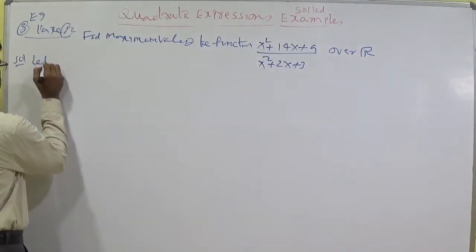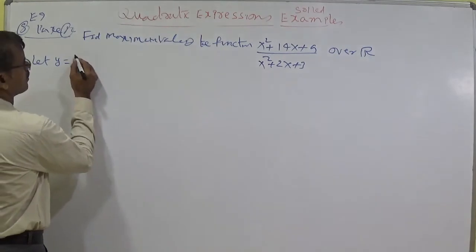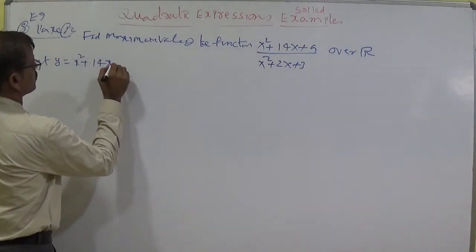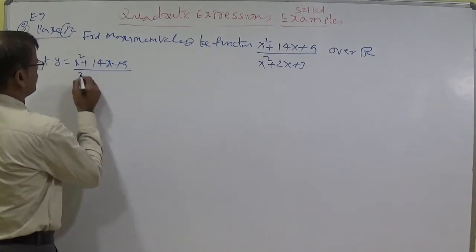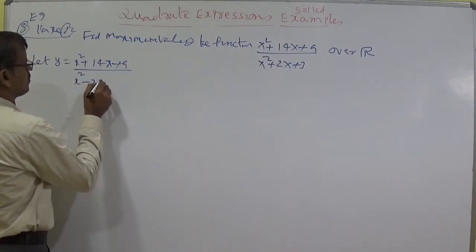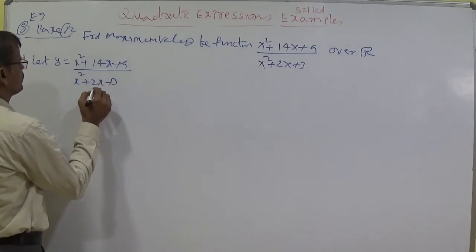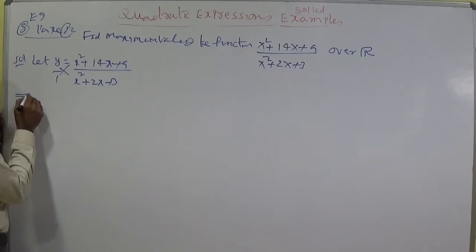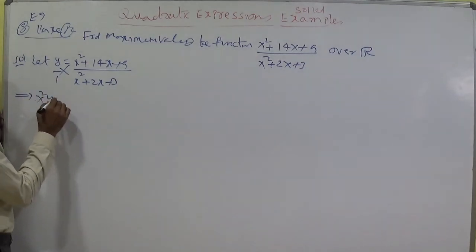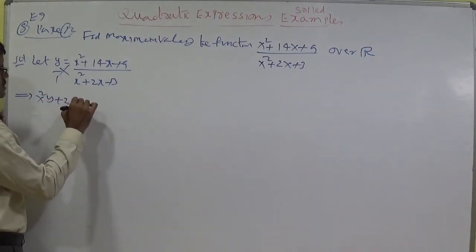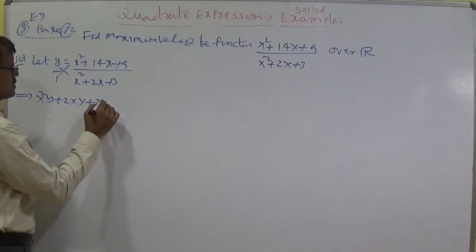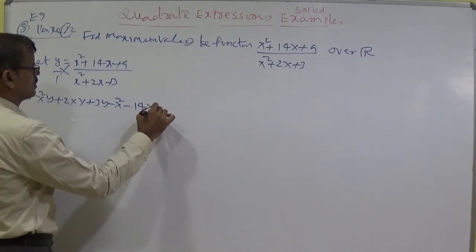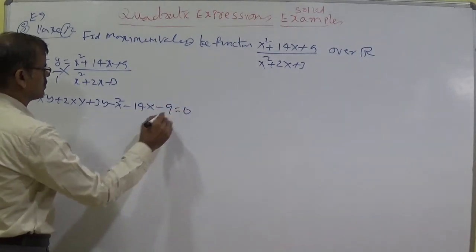This is the process. Let y is equal to x square plus 14x plus 9 by x square plus 2x plus 3. Put it by 1 and take cross multiplication. Here I am writing x square y plus 2xy plus 3y minus x square minus 14x minus 9 equal to 0.